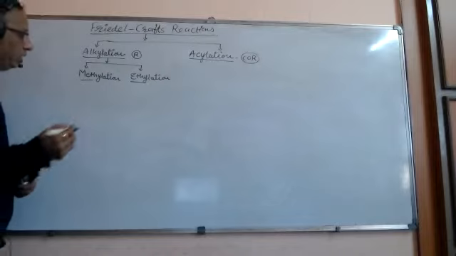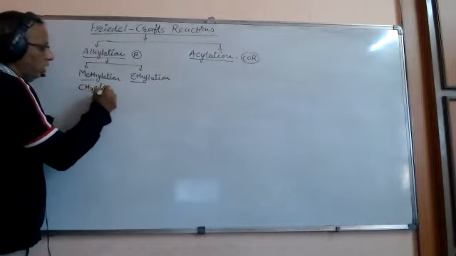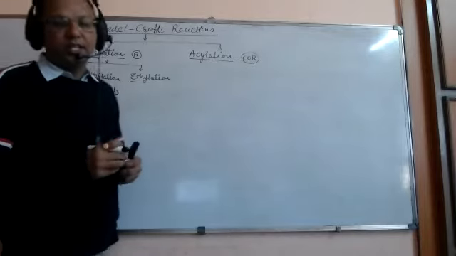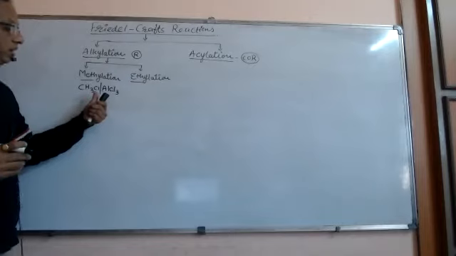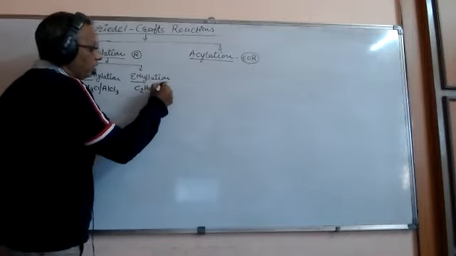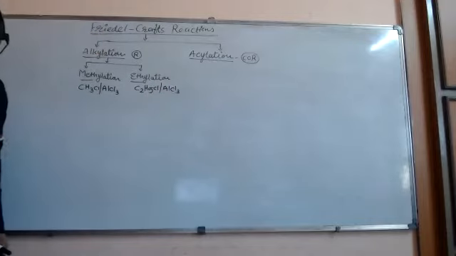What happens in the reaction? In methylation, we have to use CH3Cl and AlCl3, that is anhydrous AlCl3 is used here as a catalyst, and in ethylation, C2H5Cl and AlCl3 are to be used together.